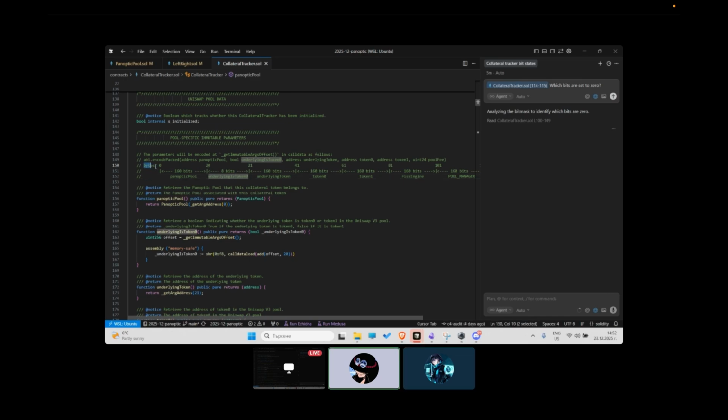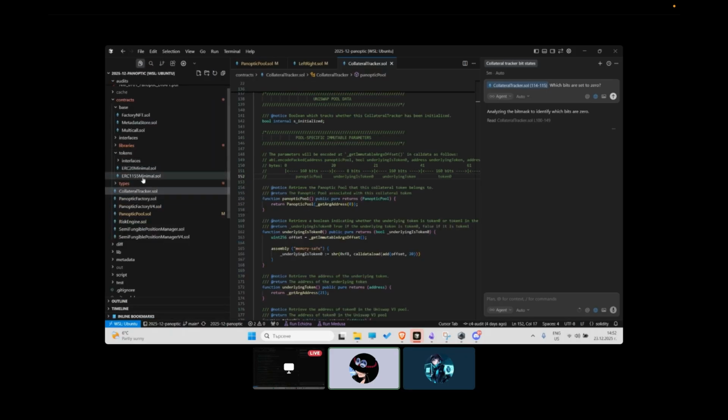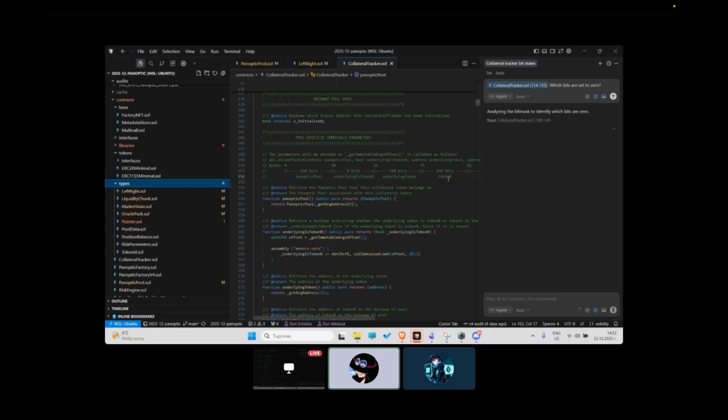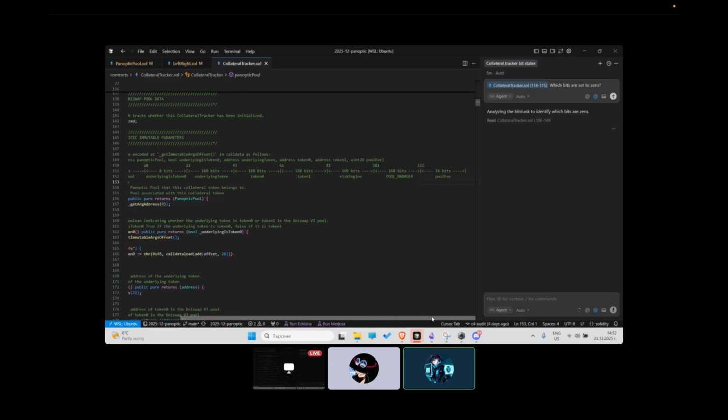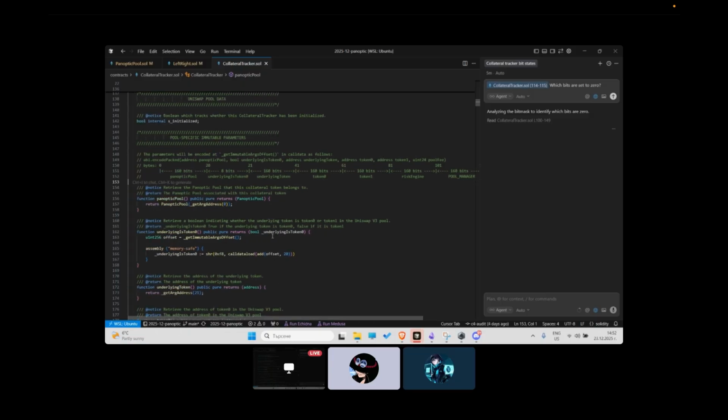Wait, where are we starting from? From zero. Is it left to right or right to left? It's left to right, yeah. Because in the types, they started from right to left, that's why I got confused. You need to check if it's consistent, but let's say for now it's consistent. I see what you mean, because it's the other way around.